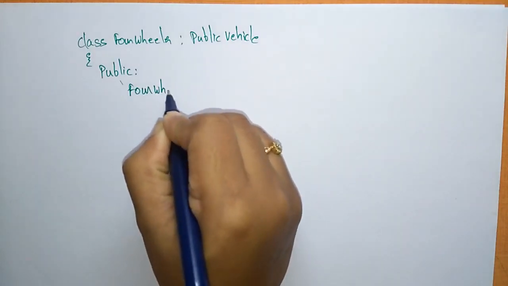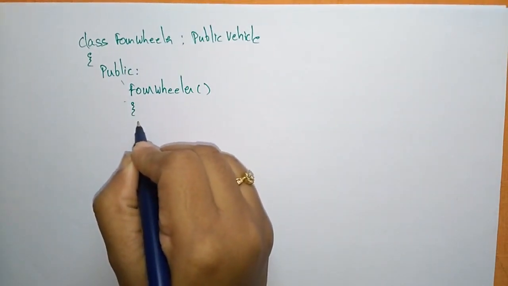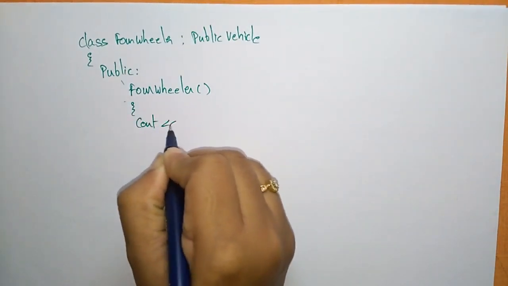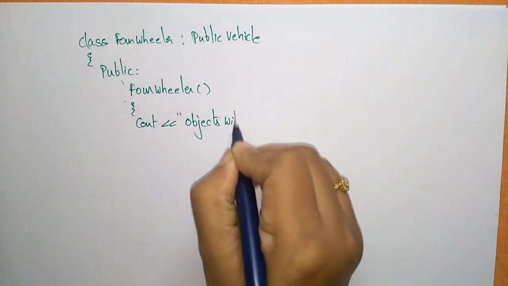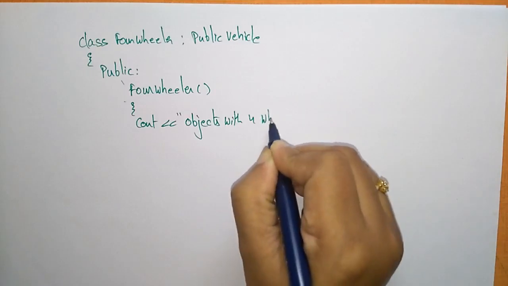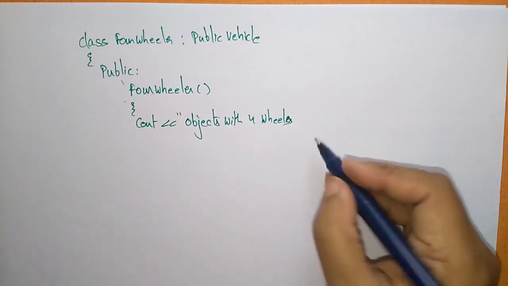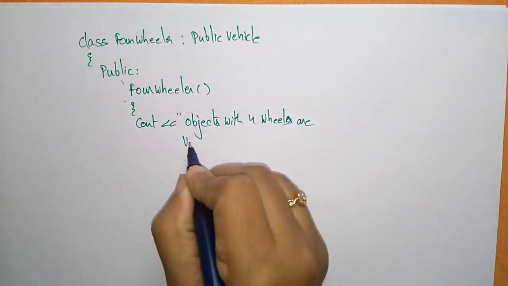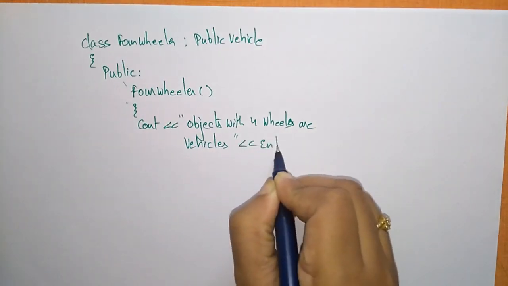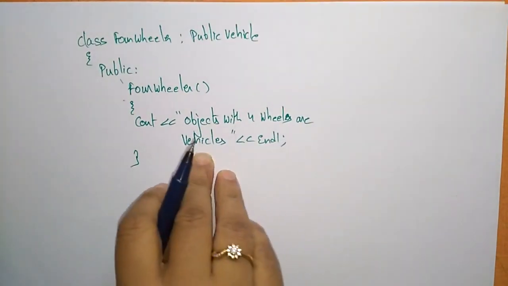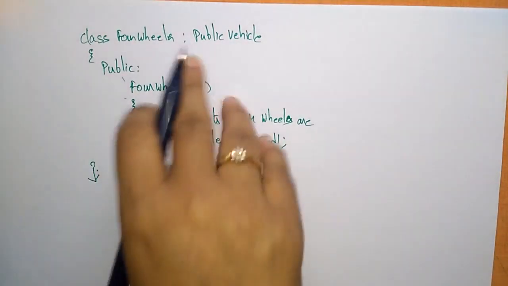Here I am printing the message with cout: four-wheeler with four wheels or vehicles, endl. This is the message printed in the four-wheeler function. Then I close the class four-wheeler.